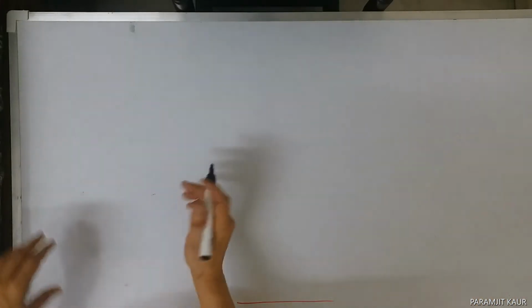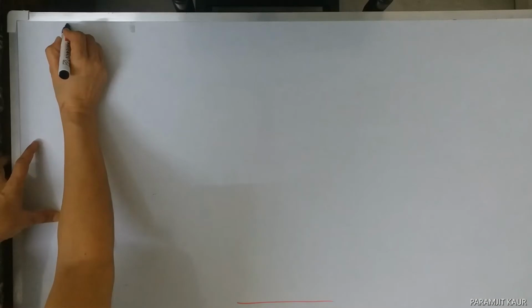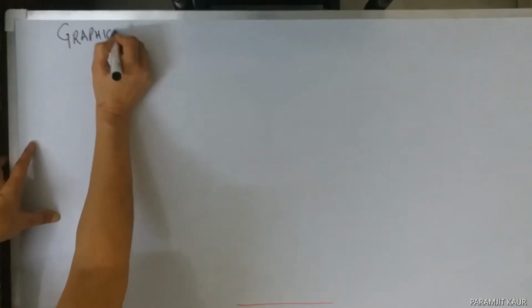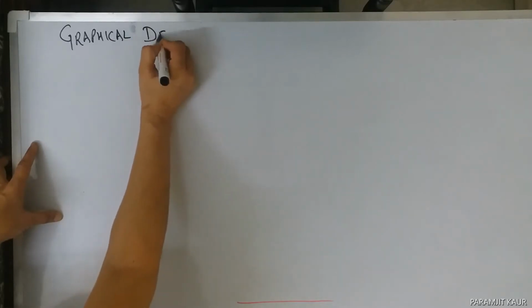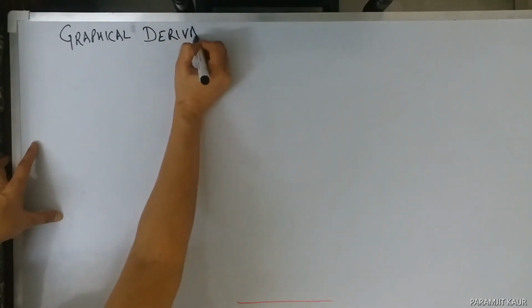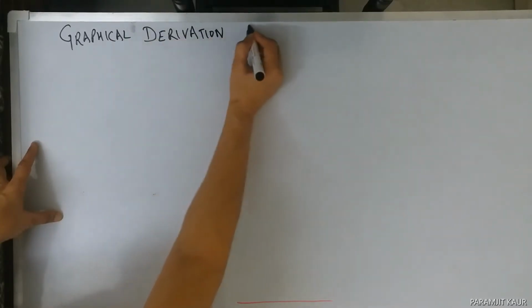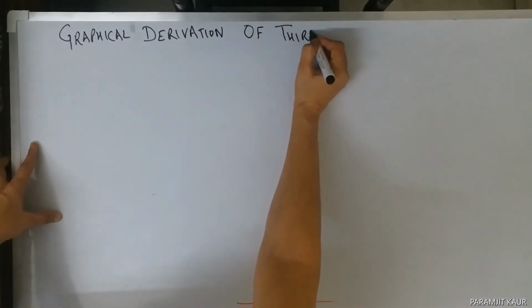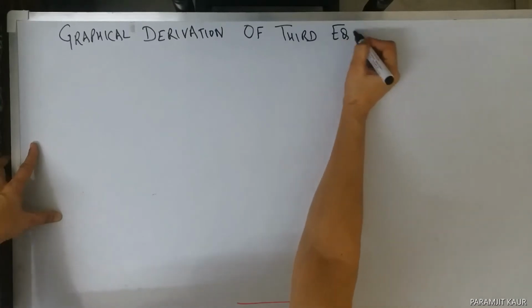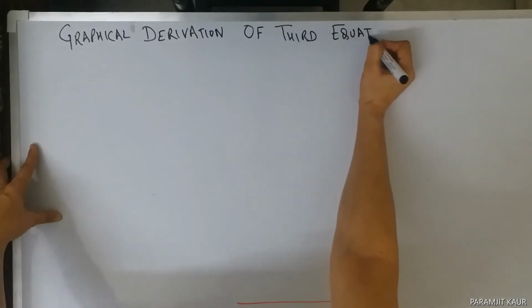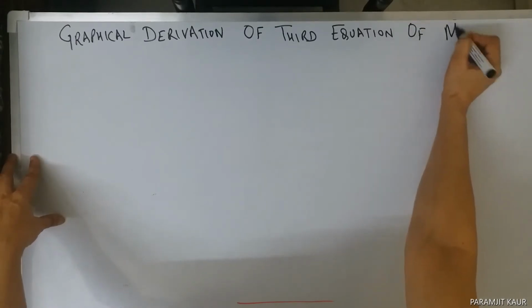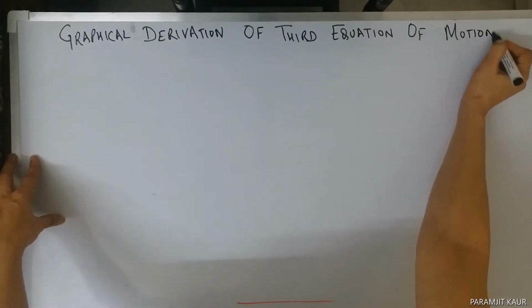Since it is the graphical derivation of motion that is in our syllabus, I'll write it as graphical derivation of third equation of motion.